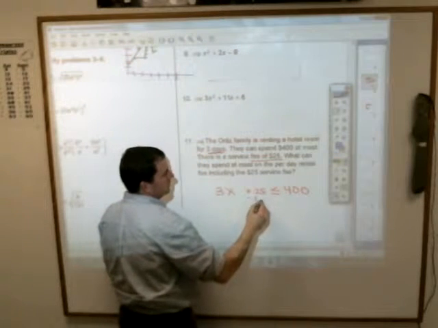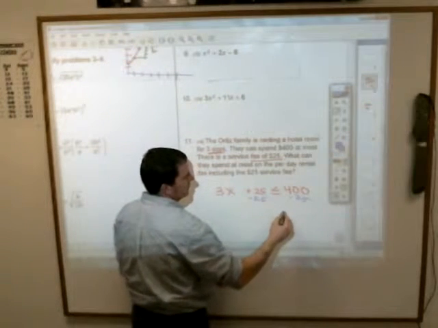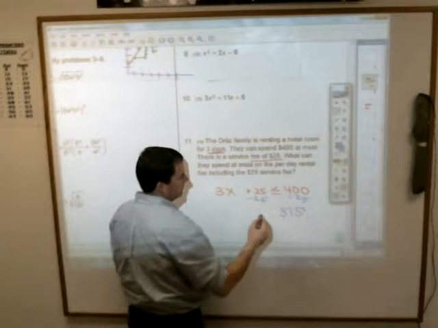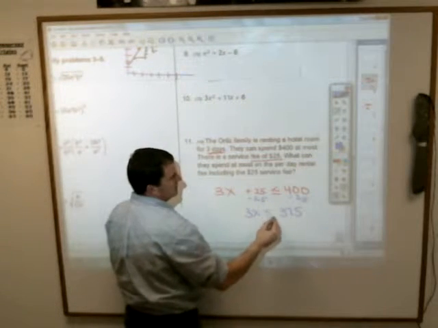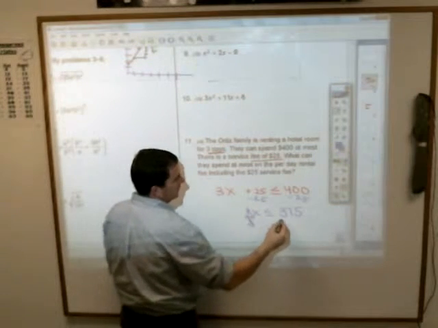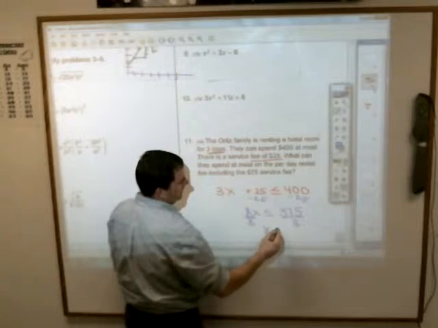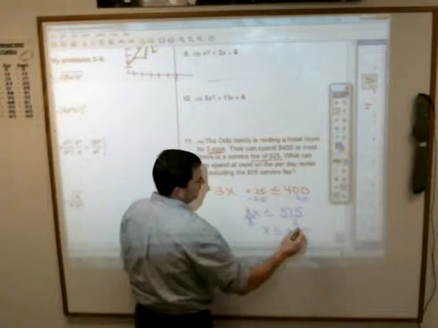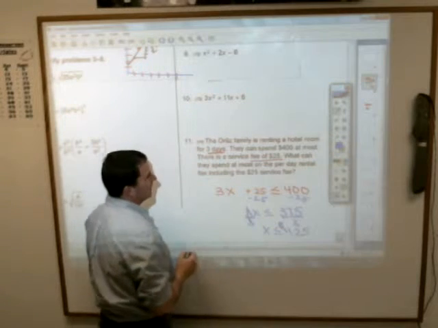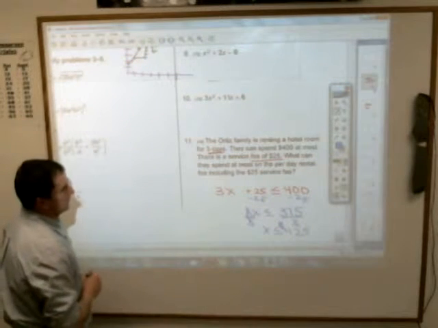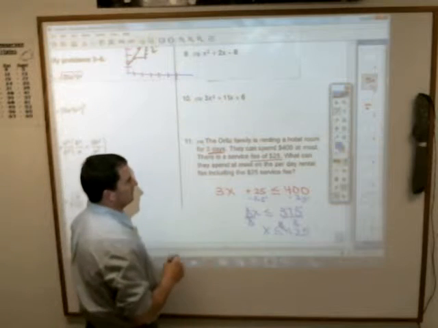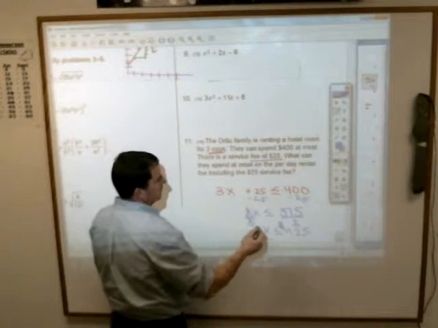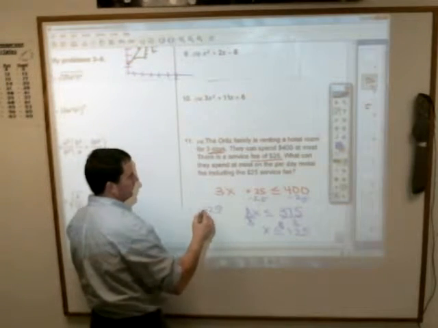Subtract 25, you get 375. 3x is less than or equal to that. Divide by 3, divide by 3. X would have to be less than or equal to $125. Did they say to graph it? No. What can they spend at the most per day? I guess it would just be $125.